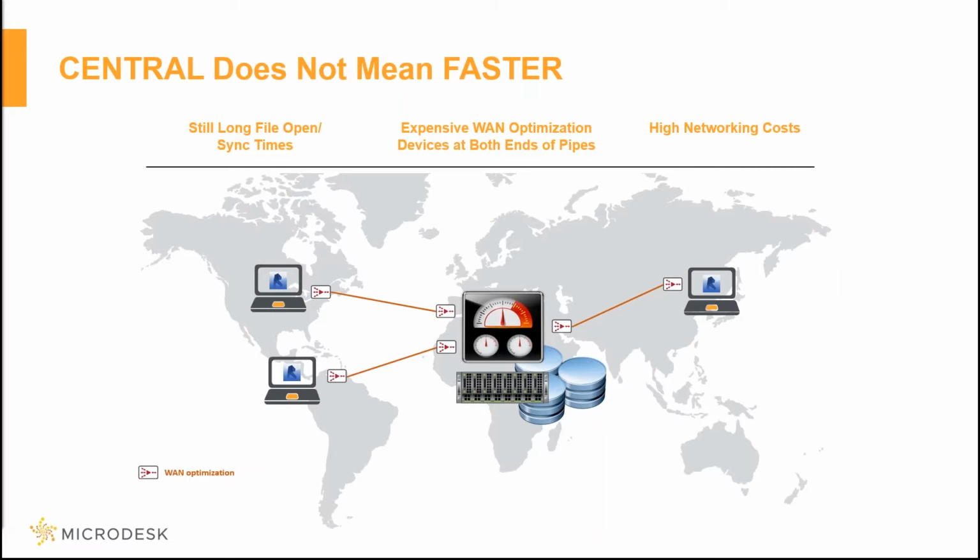Which gave rise to the first generation of solutions for centralization in the terms of WAN accelerators. And these came out a couple of years back, and they basically took the form of a couple of different technologies that were pretty cool in their own right. You had first generation caching devices that leveraged things like WAN compression and block level replication.